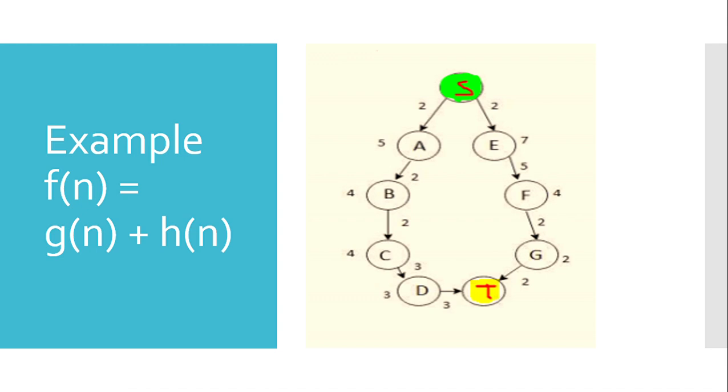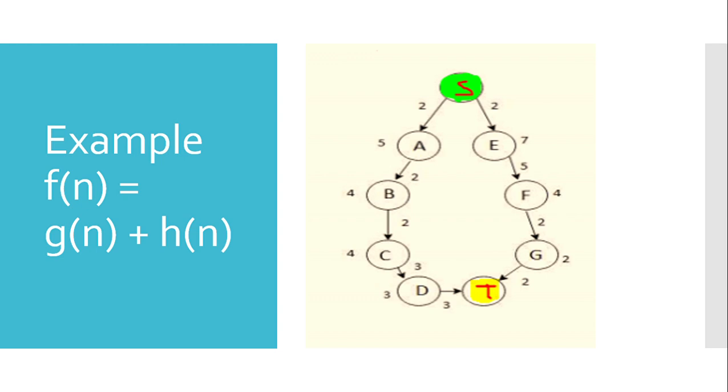For A, the heuristic cost is given beside the node, that is 5. For E, it is given beside the node, that is 7. And the edges imply the path cost. So from S to A, the path cost is 2. Similarly, from S to E, the path cost is 2. So this is how the graph is given, and you have to take the costs from it.